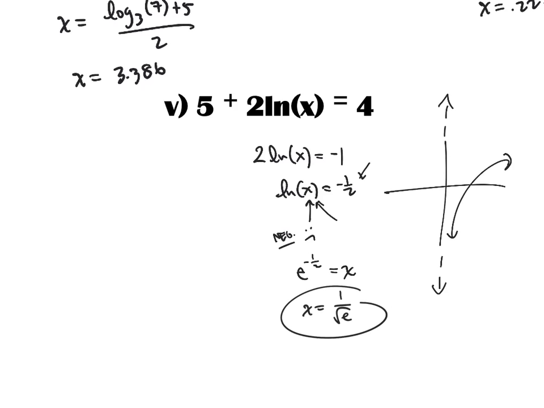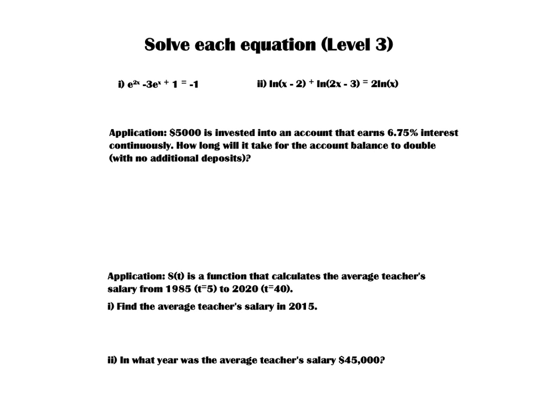And the other thing is, when you're working with logs and you're solving, always, always, always check for extraneous solutions by seeing if the values you come up with satisfy the original equation. Okay, let's move on to the upper level solving questions, and then we'll call it a day for lesson delta.